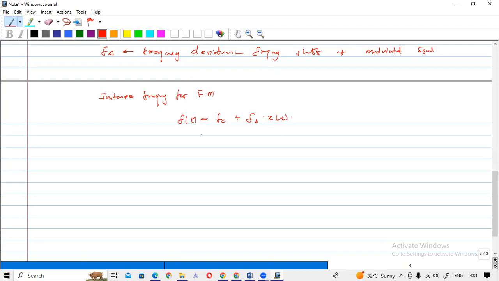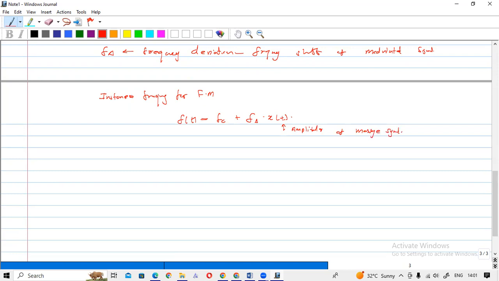You can see that this xt is the amplitude level, the level of the message signal.